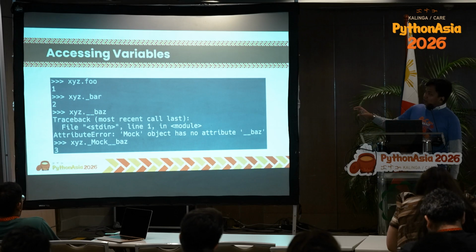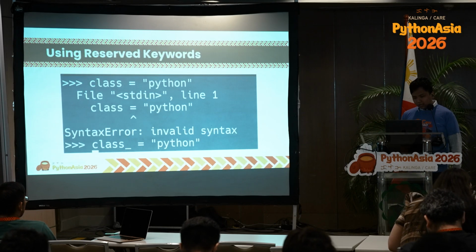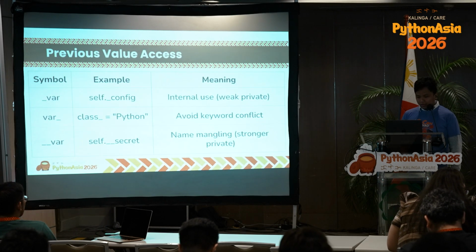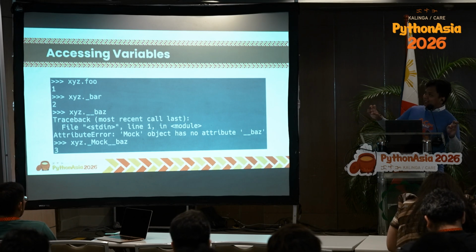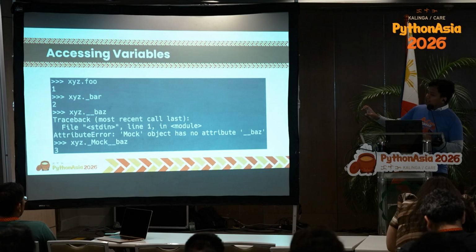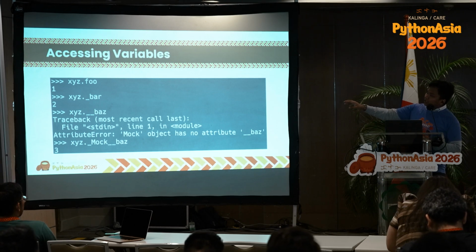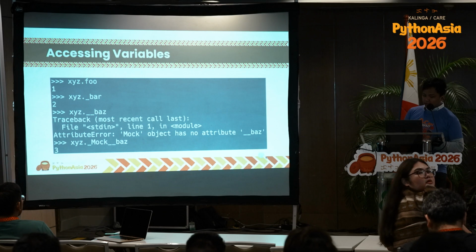So what does it do? It actually does name mangling. I'll be sharing it later on. I think I have name mangling there. In layman's terms, it is like a secret, very hidden variable, but it's technically not protected either. So it's just doing name mangling. For you to access a double underscore variable, you need to prepend the class name.